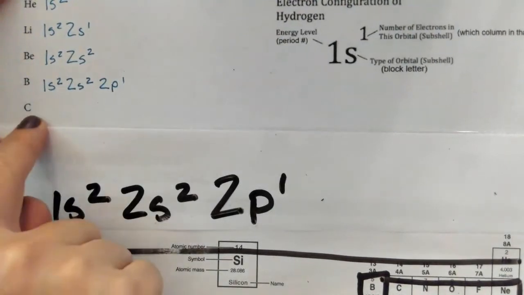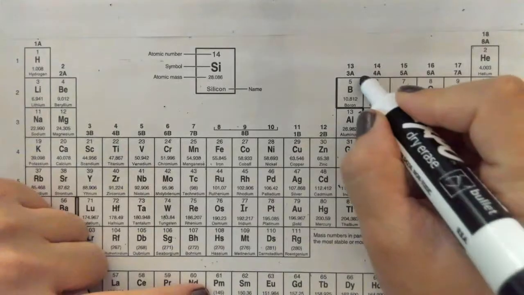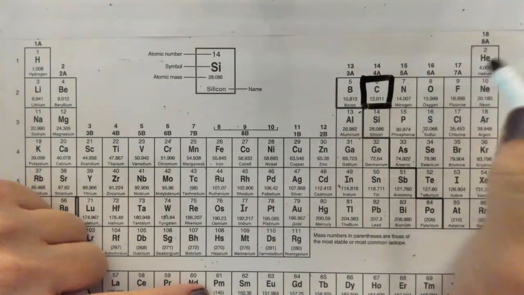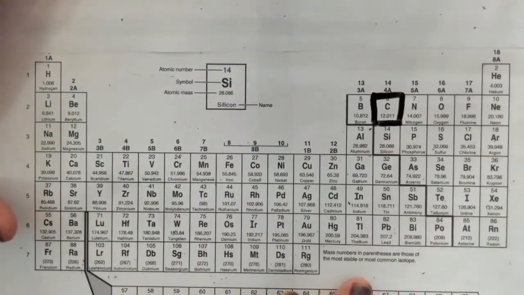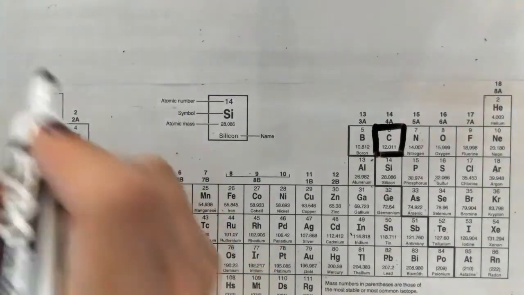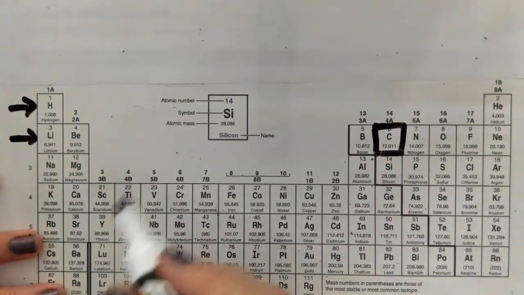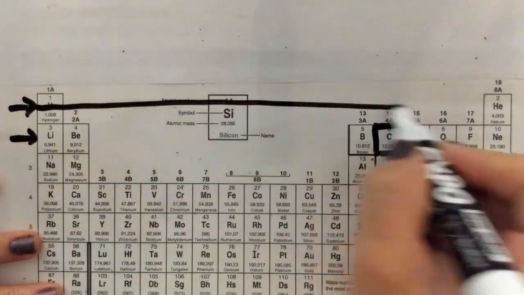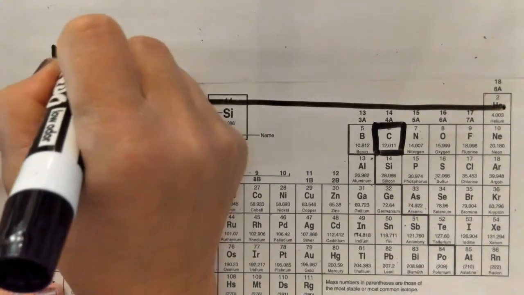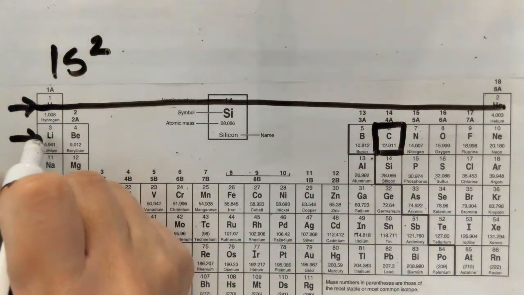Next is carbon. There's carbon, row number 2. So in order to write carbon, first we have to go through row number 1, and then we're going to go to row number 2. So row 1 is 1s2. Now I'm on row number 2.